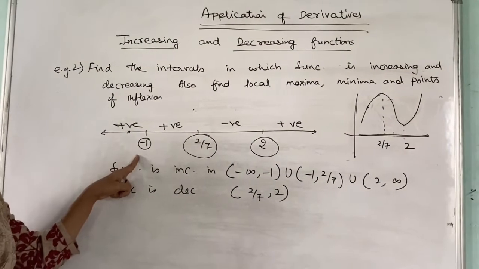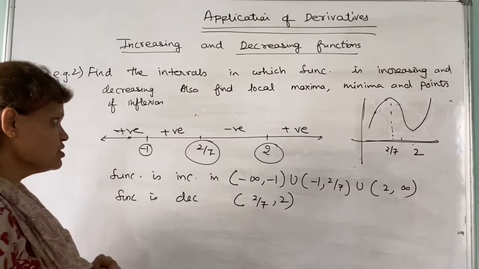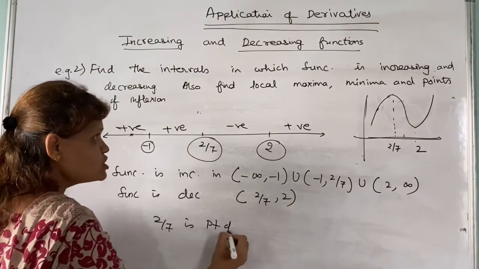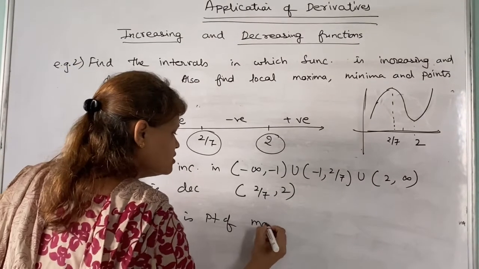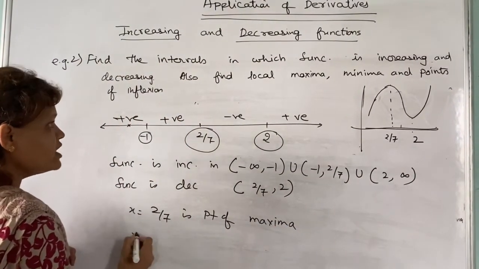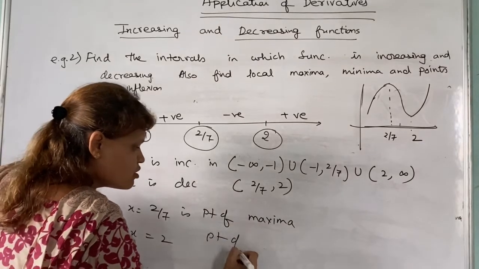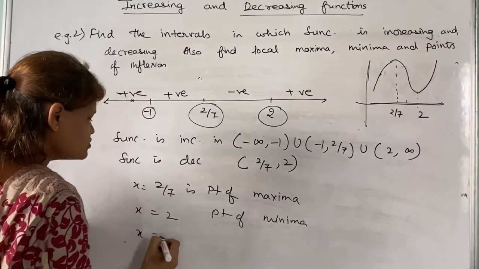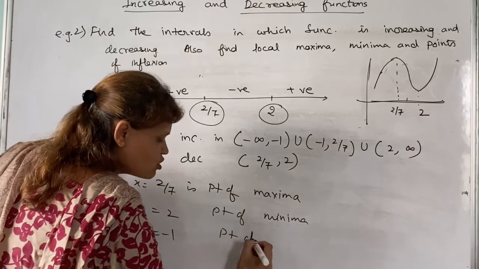This means this is called as point of inflection. So 2/7 is point of maxima. Then x equal to 2 is point of minima, and x equal to -1 is point of inflection.